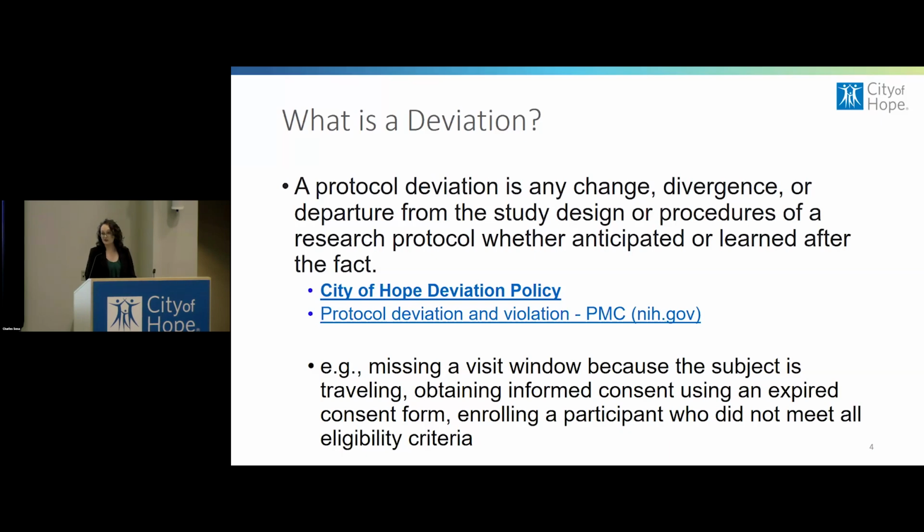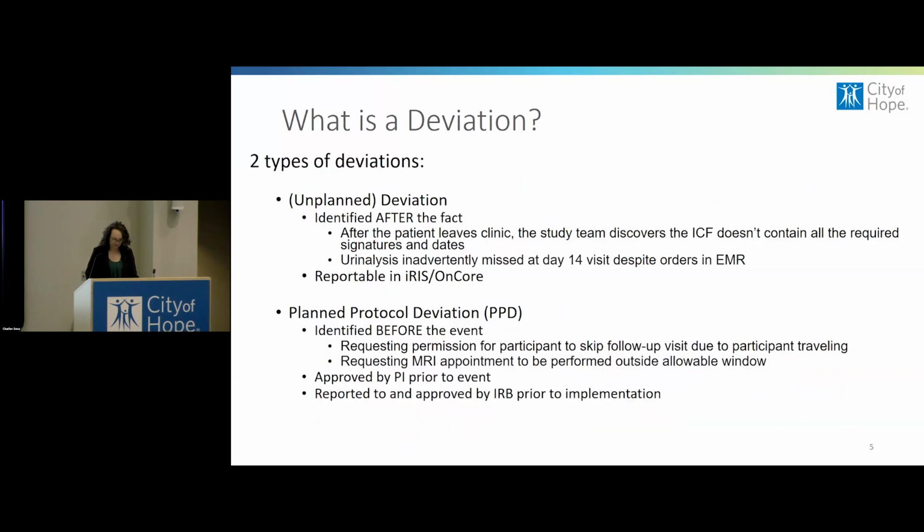Maybe a dose modification that's not per protocol, maybe failure to report an SAE in the timeline that's specified in the protocol. So generally speaking, deviations should be avoided when possible, but we all know that they happen. And so we'll talk about a few ways that we can try to avoid them.